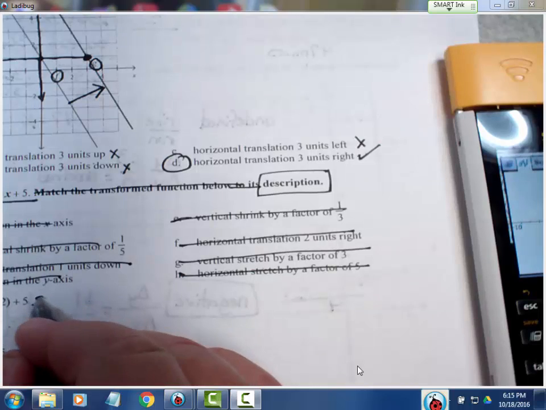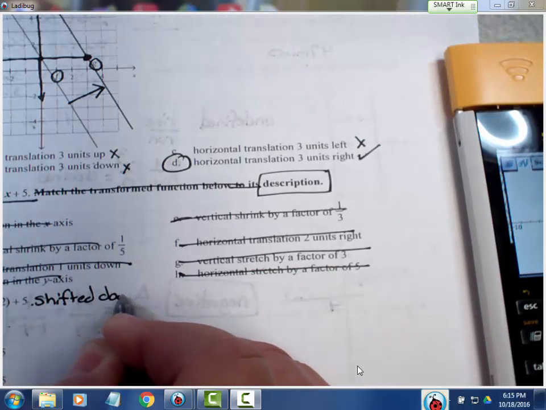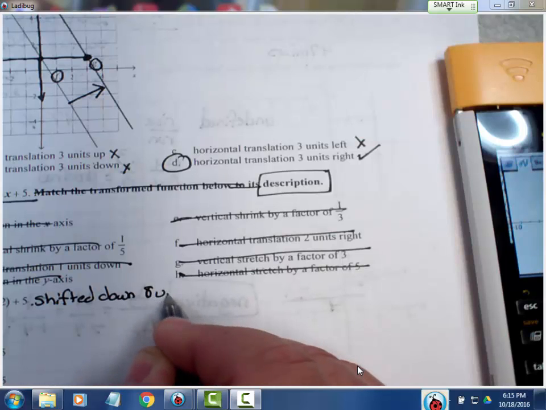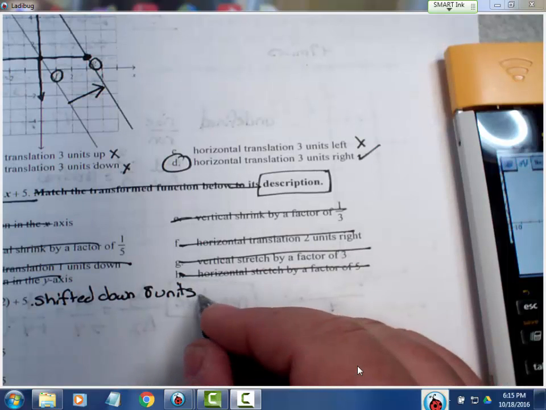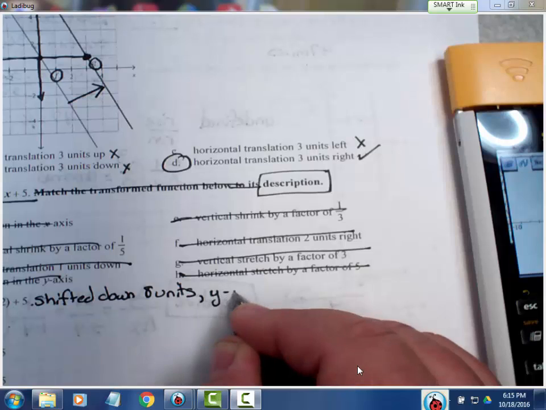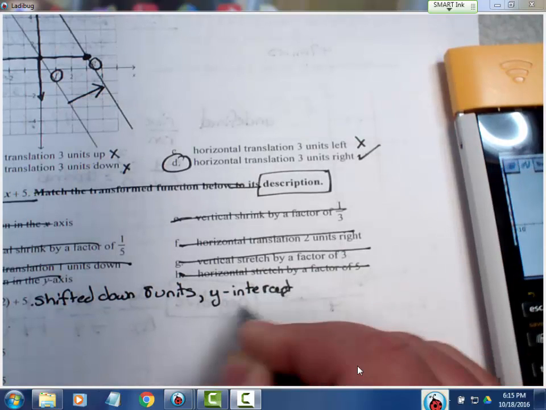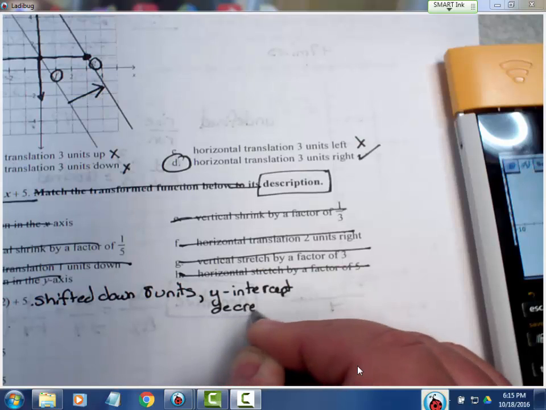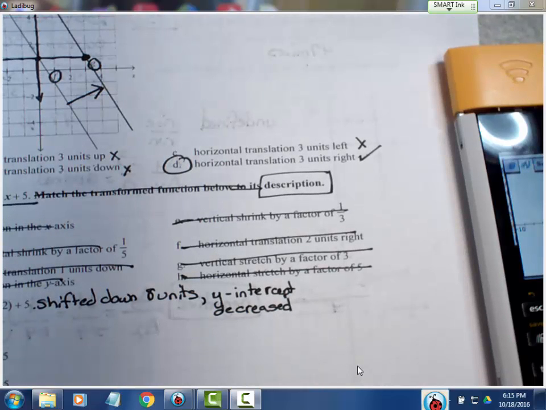Okay, but I'm just going to go with shifted down 8 units. All right. Or the other choice would be y-intercept decreased. I'm going to leave you that option in case there's one that shows up that you can't quite count it, but you know that it did decrease.